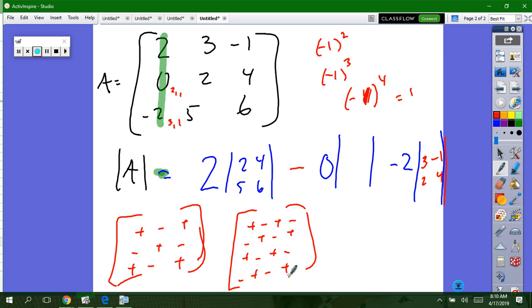Row 4, column 4. So 4 plus 4 is 8, that's negative 1 to the 8. Negative 1 to the 8 comes out as a positive. But what I do on these is that sign goes in between. Notice I have a plus, minus, plus, because I'm using this column.